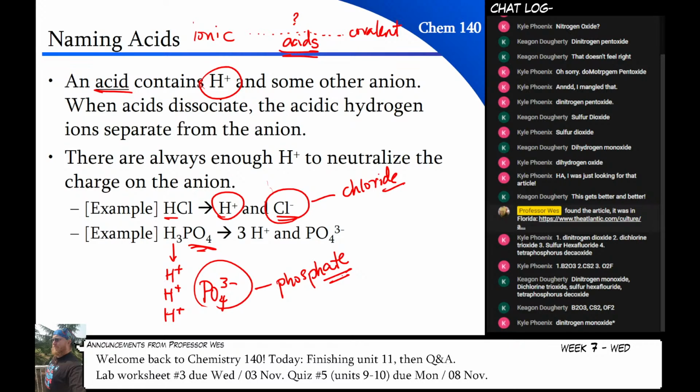And you'll notice that I'm underlining the ending there. The ending dictates how you name the acid. So you need to know what ions go into the acid and what their names are. Once you know that information, you can then give it the correct name.